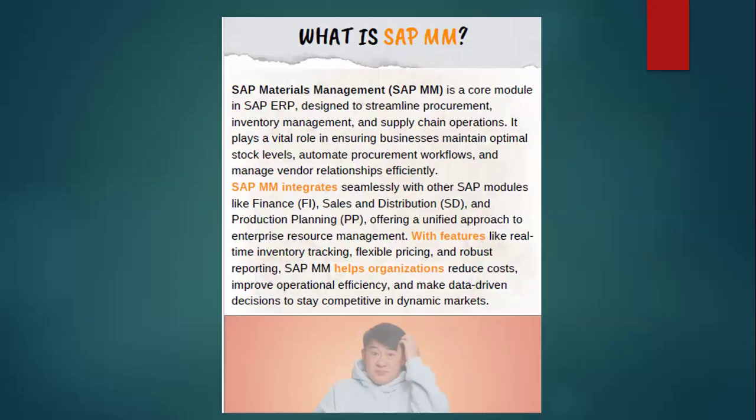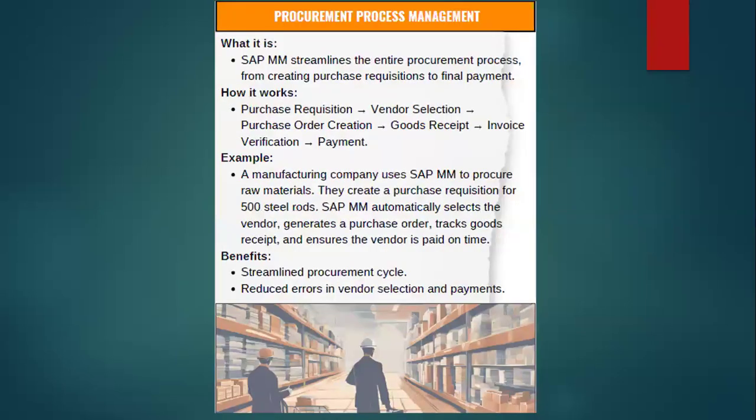SAP MM integrates seamlessly with other SAP modules like finance, sales, and PP, offering a unified approach to enterprise resource management with features like real-time inventory tracking, flexible pricing, and robust reporting. SAP MM helps organizations reduce costs, improve operational efficiency, and make data-driven decisions to stay competitive in dynamic markets. So SAP MM is streamlining the entire procurement process from creating the purchase requisition to final payment.